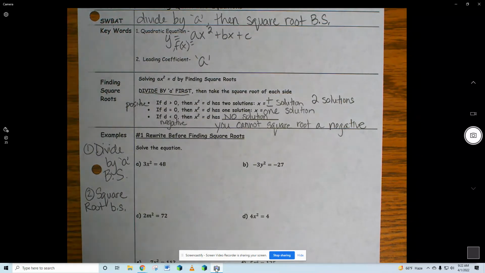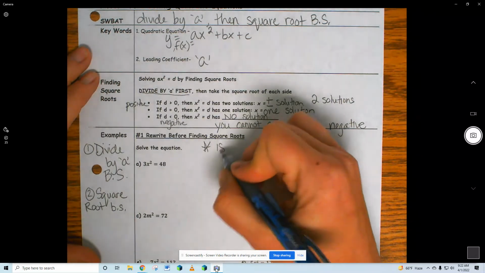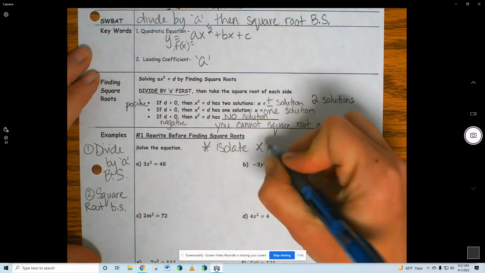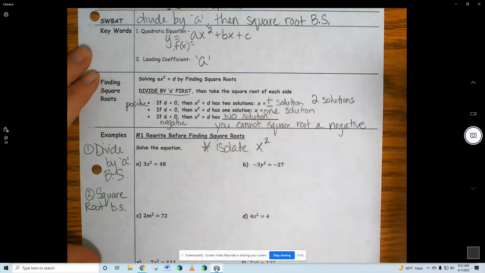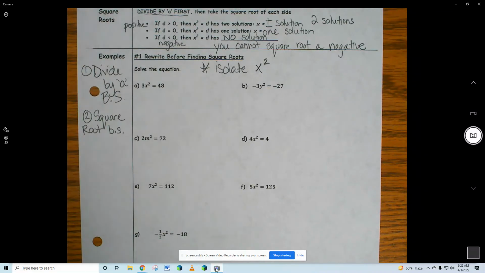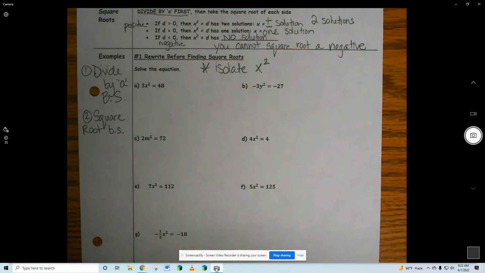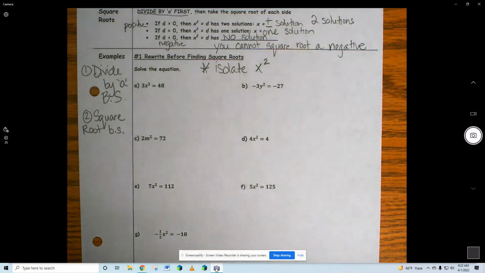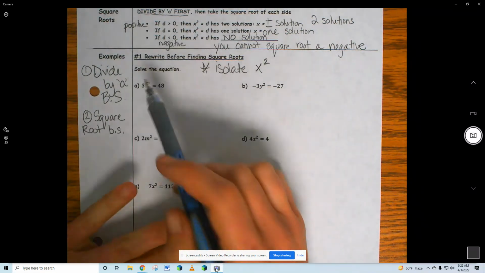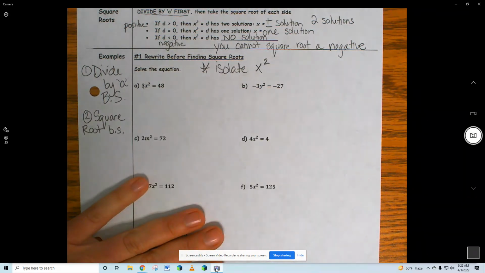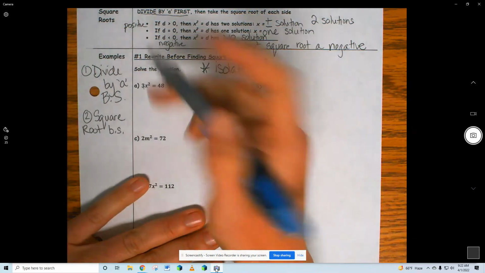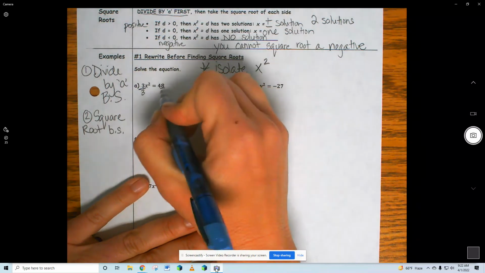You have to isolate x squared. So that means that the 3 needs to go. Right now, 3 is multiplied by x squared. How do I get rid of something that's multiplied? Divide. So I'm going to divide by 3.